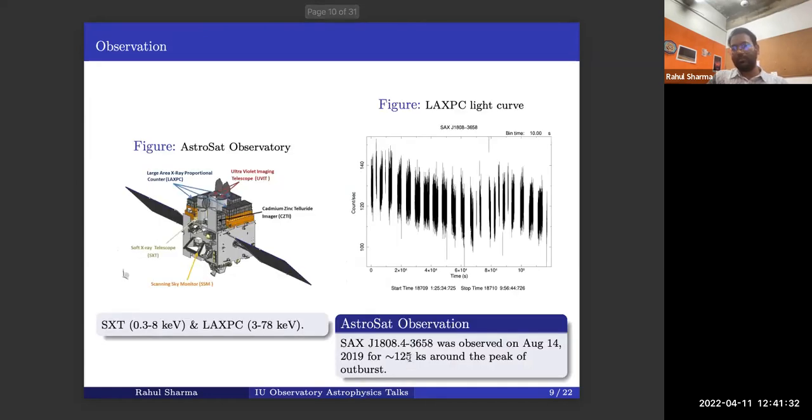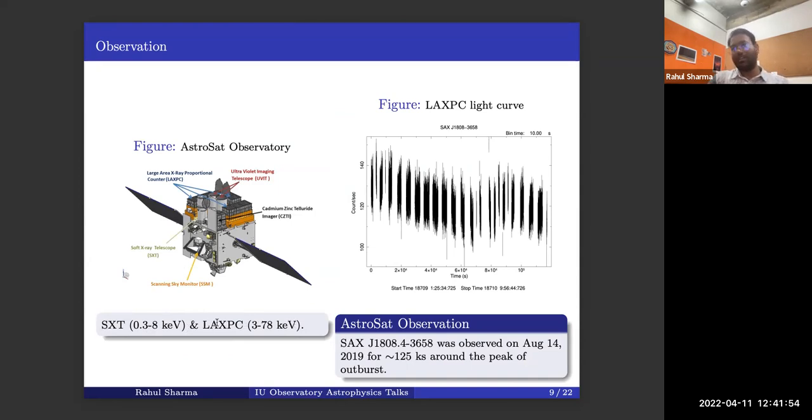This was for around 125 kiloseconds, with an exposure of around 49 kiloseconds. The AstroSat satellite has 5 payloads, of which 2 are X-ray payloads, SXT and LAXPC. SXT is a soft X-ray telescope which focuses on 0.3 to 8 keV, while LAXPC covers 3 to 78 keV.